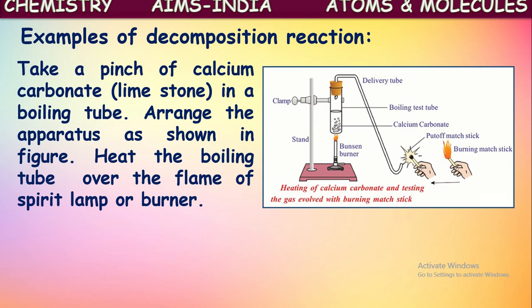So how is it done? See here experimentally. We take a pinch of calcium carbonate in a boiling tube or test tube. We fix that test tube to a test tube stand, and a rubber cork is connected to that with a delivery tube. Now when this calcium carbonate present in the test tube is heated using a Bunsen burner or spirit lamp, it decomposes to form calcium oxide and carbon dioxide. So this calcium oxide powder will remain inside, and the carbon dioxide gas will come out through this delivery tube.